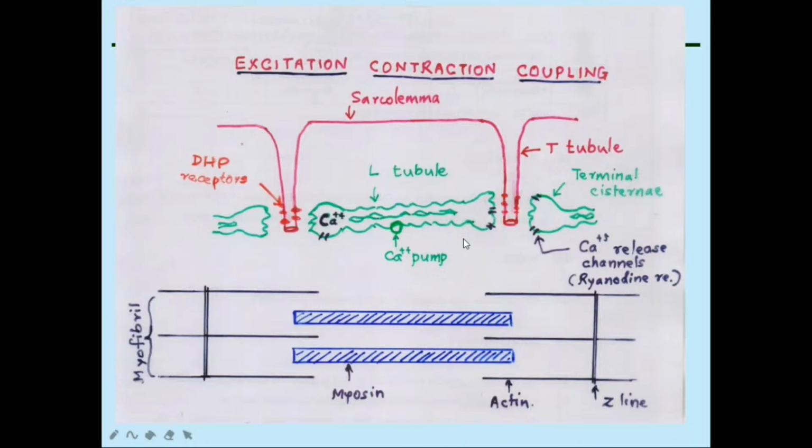Now this calcium pump, which is present in the L tubules, is activated as soon as the calcium concentration in the sarcoplasm increases. Therefore, as calcium is released through these calcium release channels into the sarcoplasm, the calcium pump or the calcium ATPase in the wall of the L tubules is stimulated, and it starts pumping the calcium ions back into the L tubules.